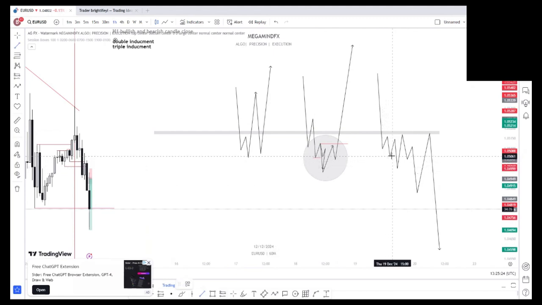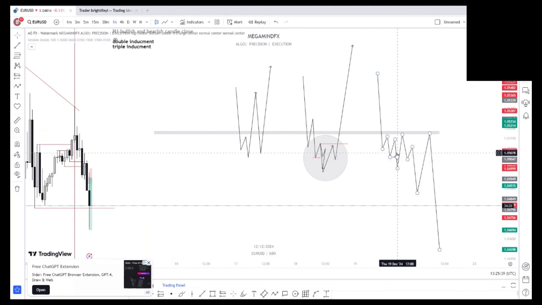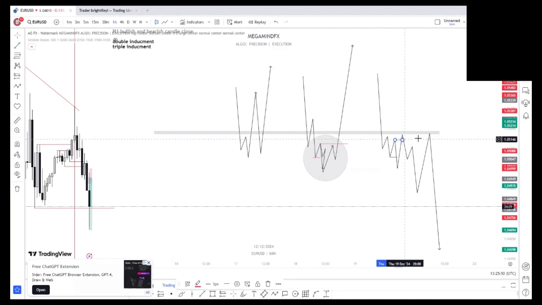So this is the point of violation, correct? Price violated by here. But I consider this as a manipulation, because it's not a signal that price will sell. So the moment price violated my buy, I just wait for internal breaks, and I have this internal break, and I'm supposed to buy continue from here.